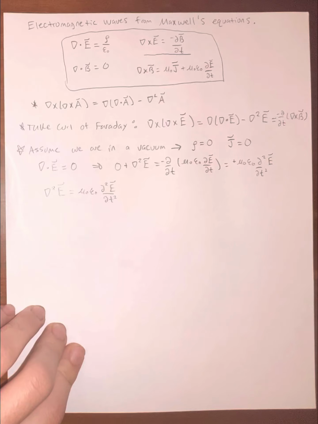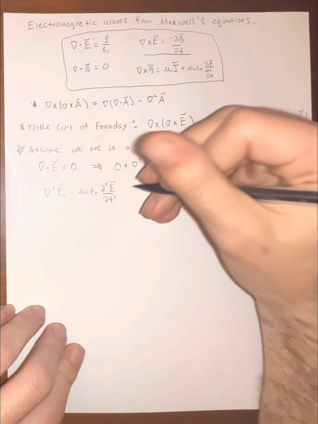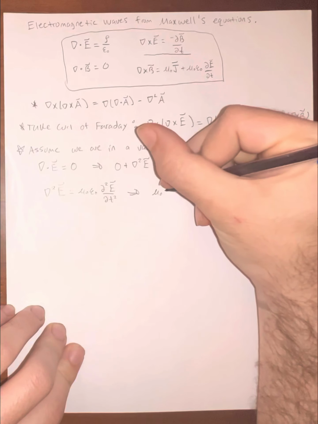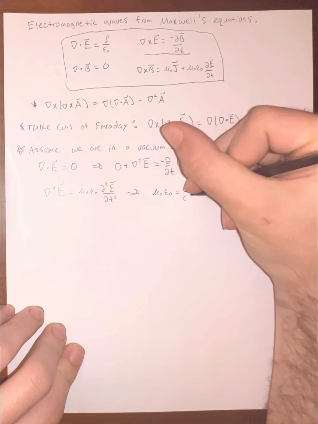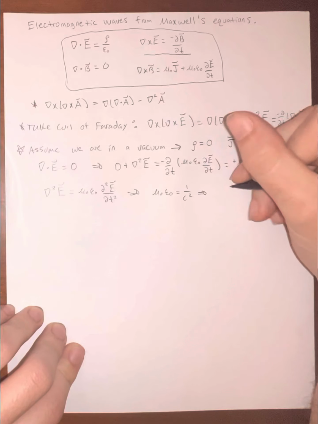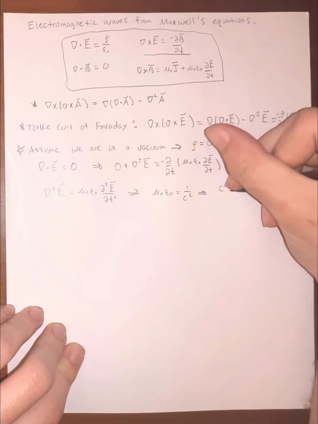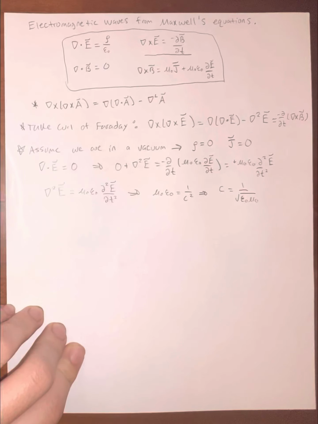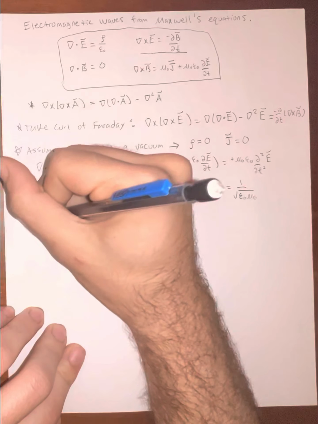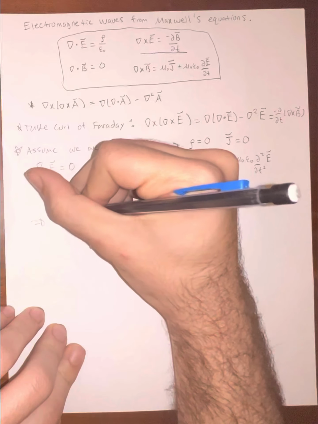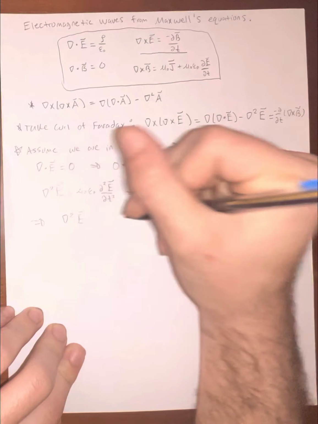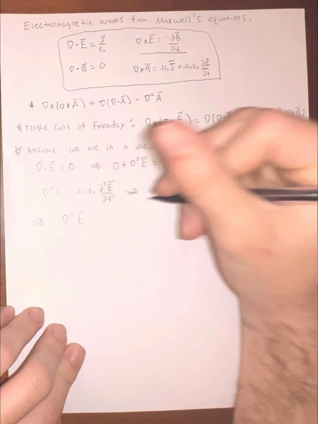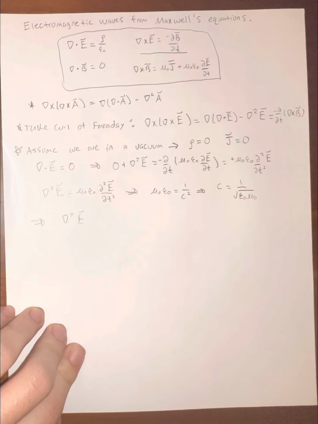And if we define mu naught epsilon naught as 1 over c squared, since c is 1 over the square root of epsilon naught mu naught, then we see that this satisfies a wave equation of the electric field propagating at the speed of light.